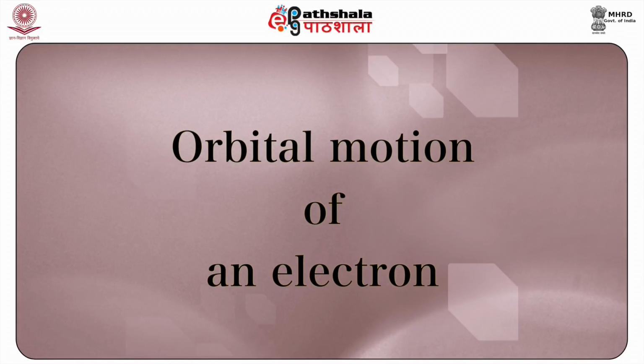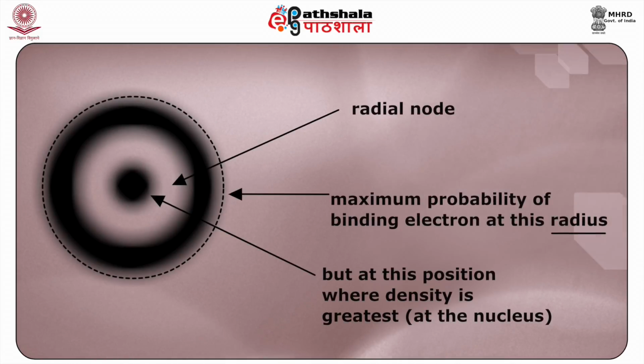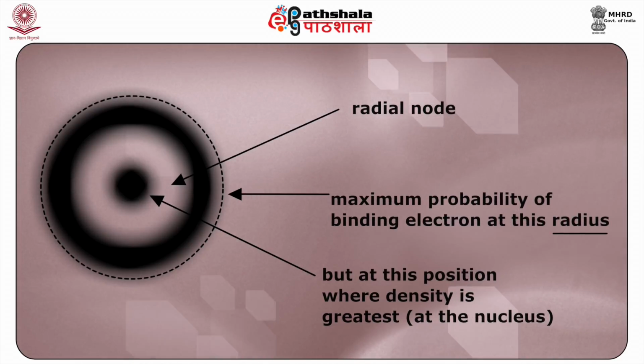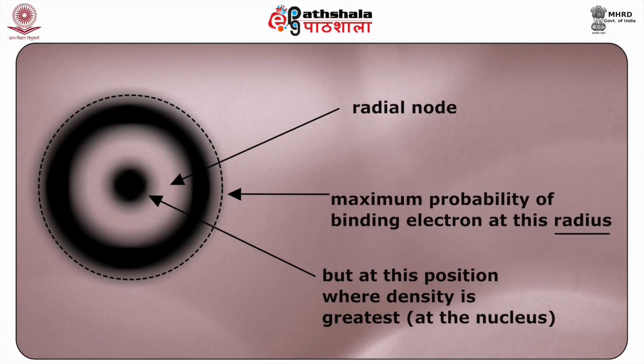Orbital motion of an electron. First of all, we will define what an orbital is. An orbital can be described as a space around the nucleus where an electron can move around.